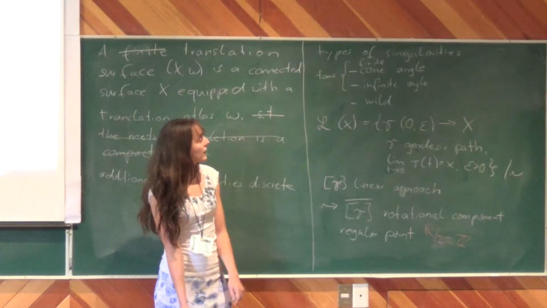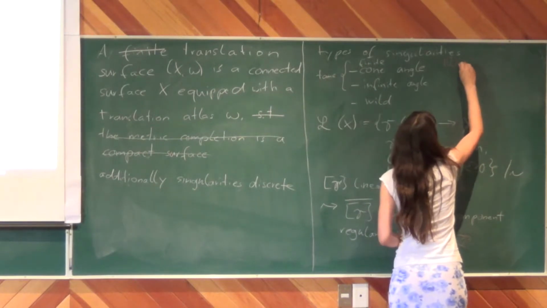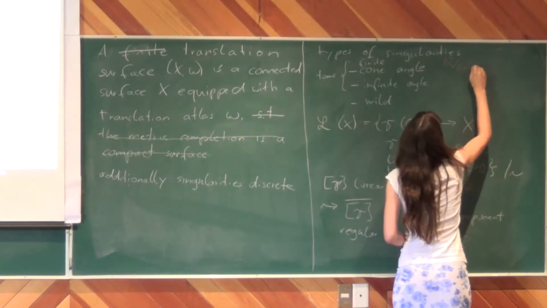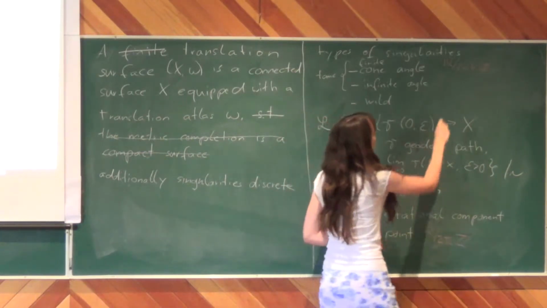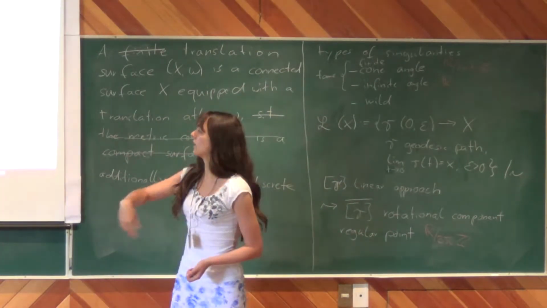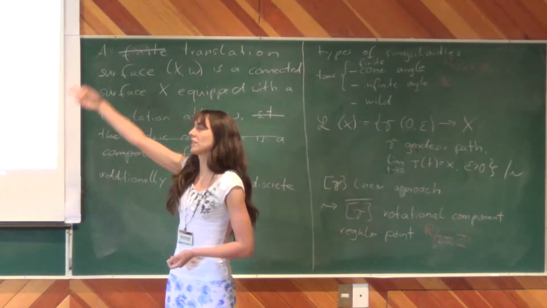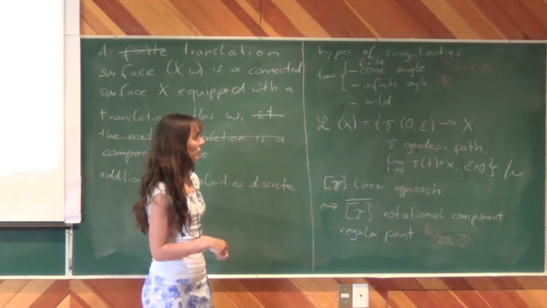Then if we look at finite angle singularities, we have the same, it's isometric to a circle of length 2 pi k. And for infinite angle, we can go around like R, like you see here. You can imagine we can do this infinitely often, so this is our rotational component.